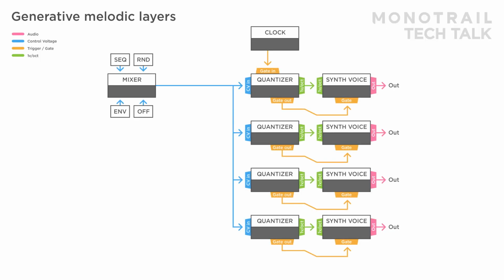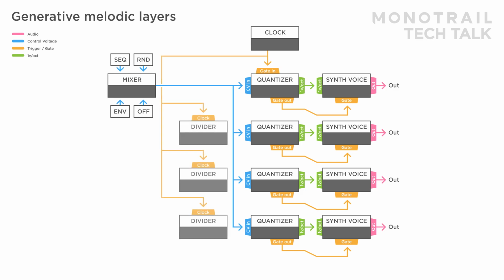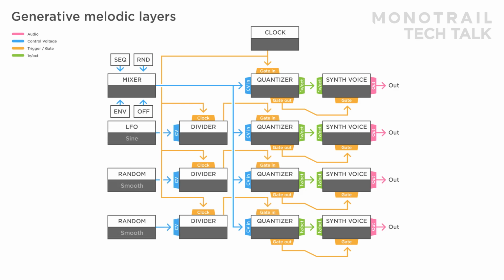In a similar way, you can add a lot of complexity by modulating the trigger inputs for the quantizers. You can use tools like crossfaders, switches and logic modules to patch pattern variations. But here, 3 voltage-controlled clock dividers are used to drive the quantizer channels. Modulating those with things like LFOs or random voltages creates interesting shifting patterns.